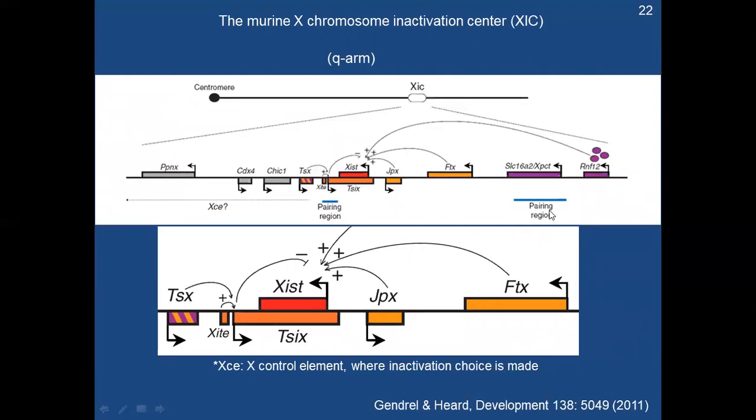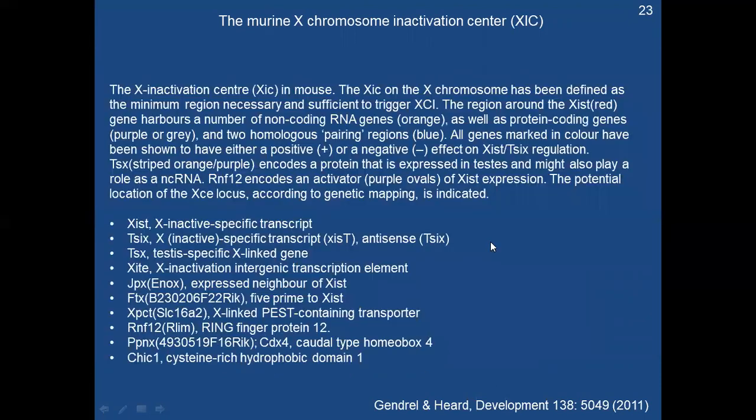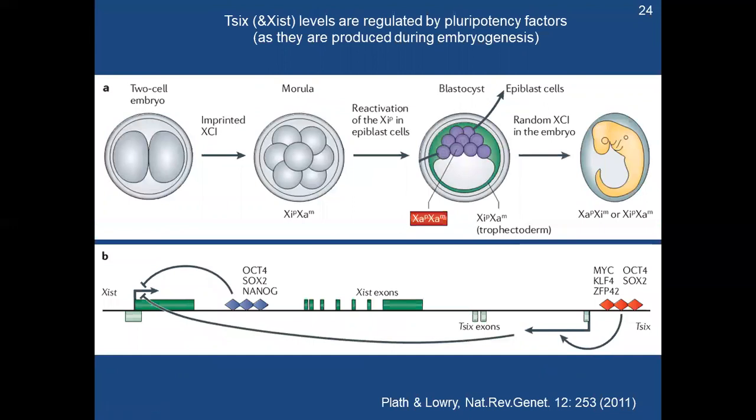But what controls the transcriptional activation of Xist and the other genes here? One very important factor that controls the expression of these non-coding RNAs are these proteins shown here, NANOG, OCT4, SOX2. What do you call these proteins?